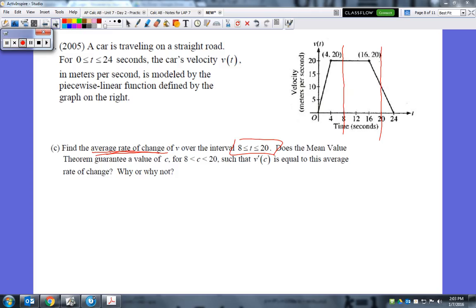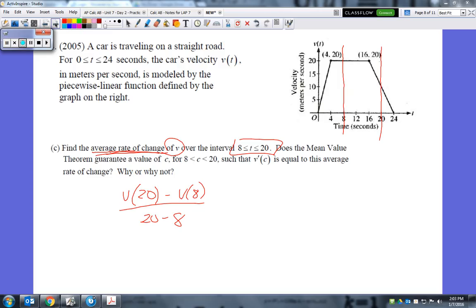V of 20 minus V of 8. Connect the points and take the slope of the line. So V of 20 minus V of 8 over 20 minus 8. Do you agree? He's saying this is the average rate of change of V.